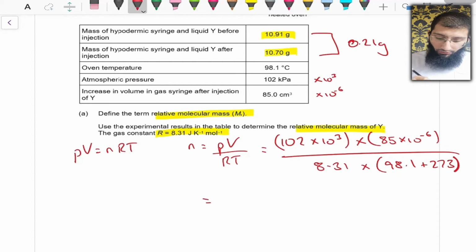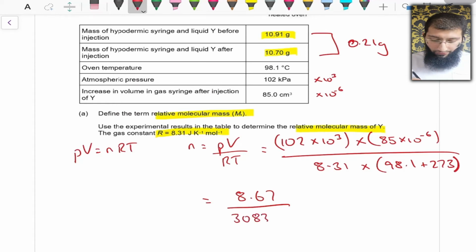Now, if we do this, we're going to get, for our numerator, 8.67. And for our denominator, we're going to get 3083.841.